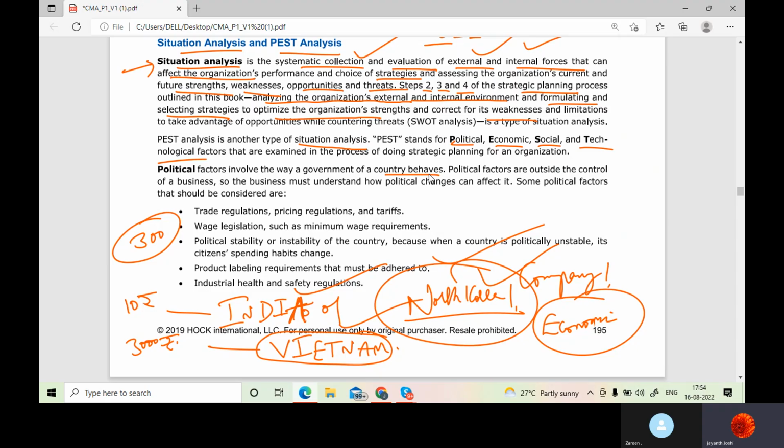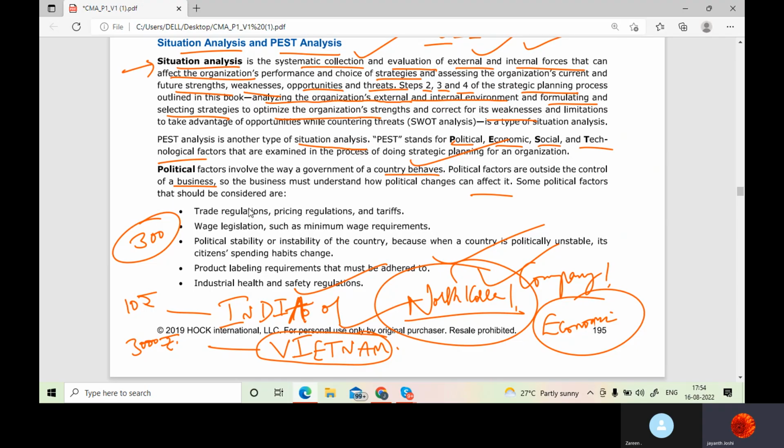There are very few members of parliament who can oppose them, because there's no strength in the opposition, no numbers. Political factors are outside the control of a business, so the business must understand how political changes can affect it.